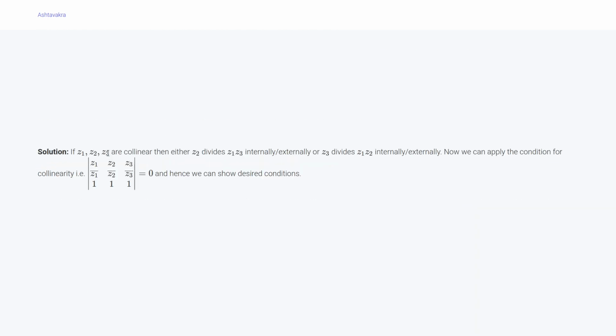Since the points are collinear, either Z2 will divide Z1 Z3 internally or externally, or Z3 will divide Z1 Z2 internally or externally. That means the points are definitely collinear.